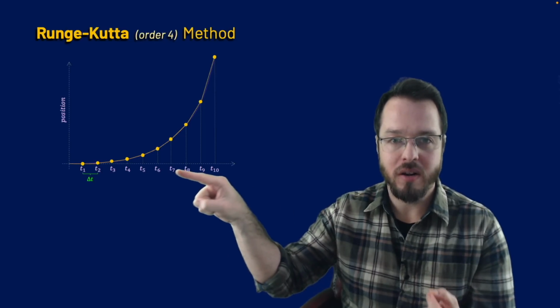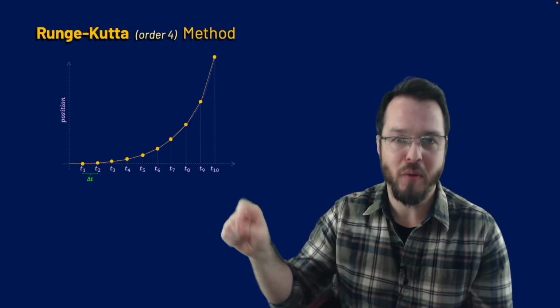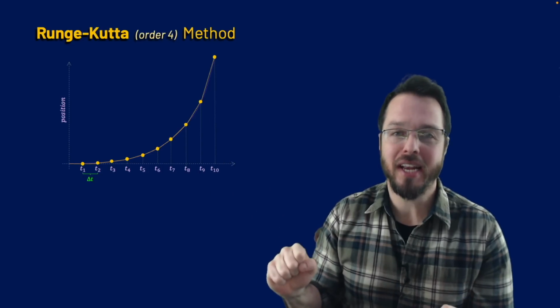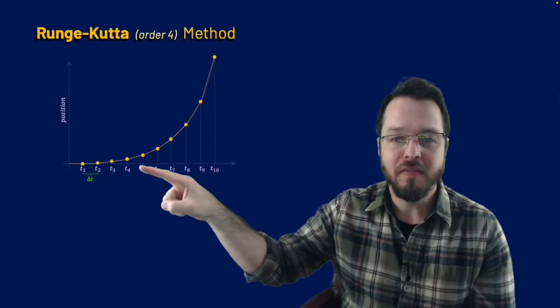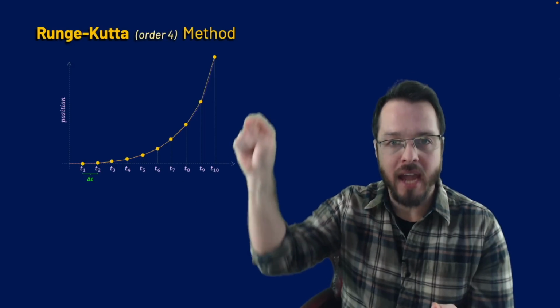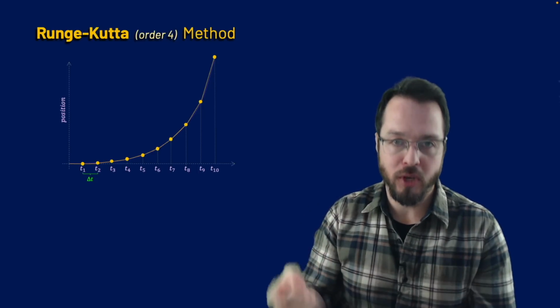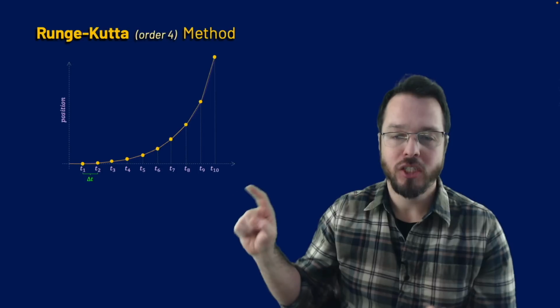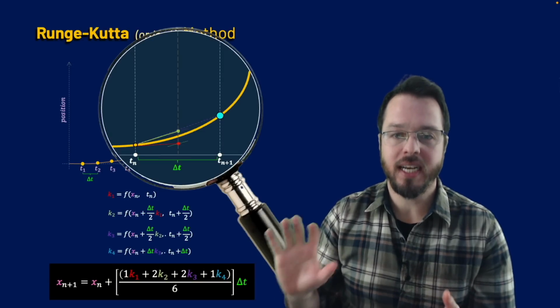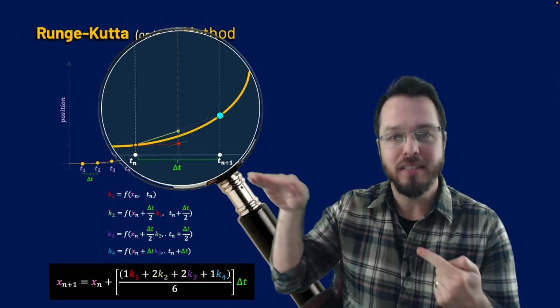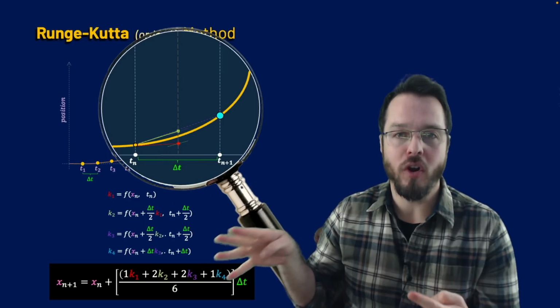So do you see how the Runge-Kutta, however you want to call it, these German creators of the method. The Runge-Kutta is very, very precise. It's very, very accurate. But it has the problem of being more expensive computationally. So the Runge-Kutta method does exactly the same thing, but it takes things to the extreme. Instead of just looking at the midpoint, it does these things 4 times.